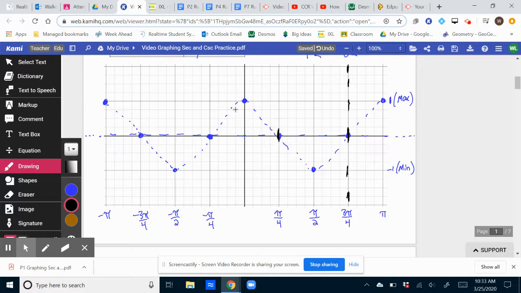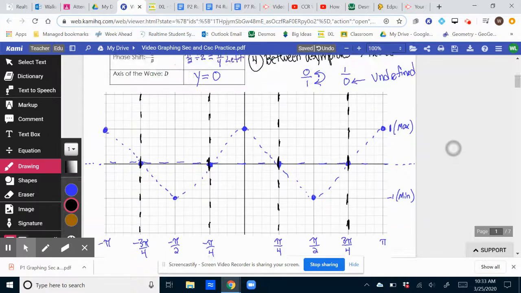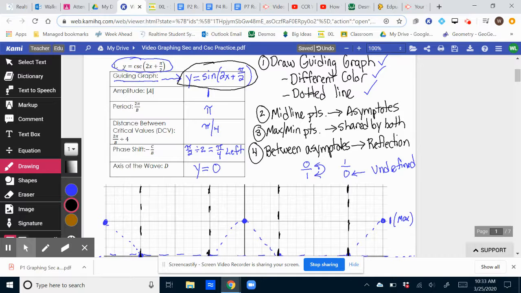So everywhere that you see a midline on your sine graph, when we turn it into cosecant, that's an asymptote now. Okay, because if we get 0 for sine, that means we get undefined for cosecant. So now we've turned those into asymptotes.